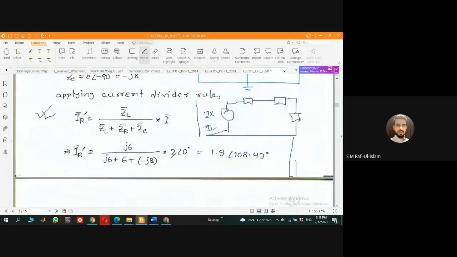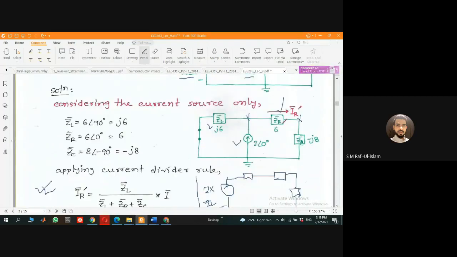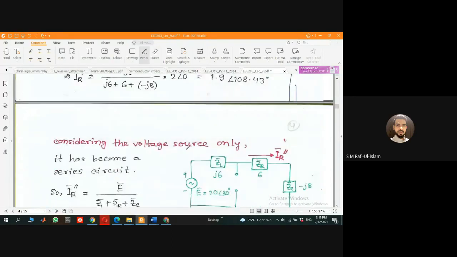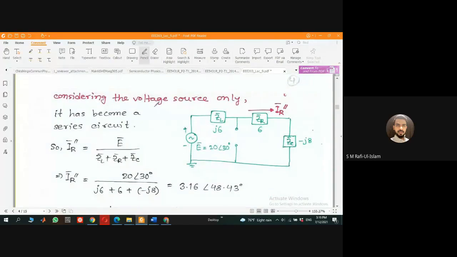Once you get the current here, this is not the answer, because that current is coming from this source only. So I need to consider this source now while deactivating the other. If I have a voltage source, then we deactivate the current source, so I'll just let it open.